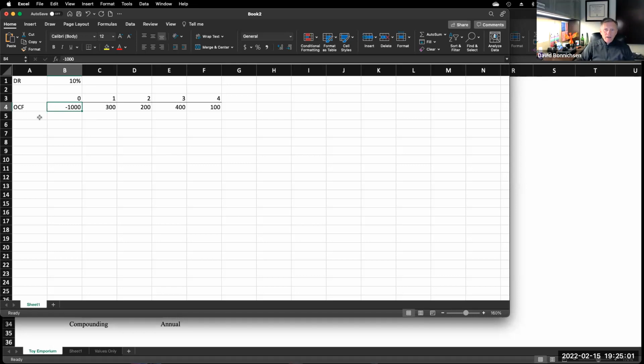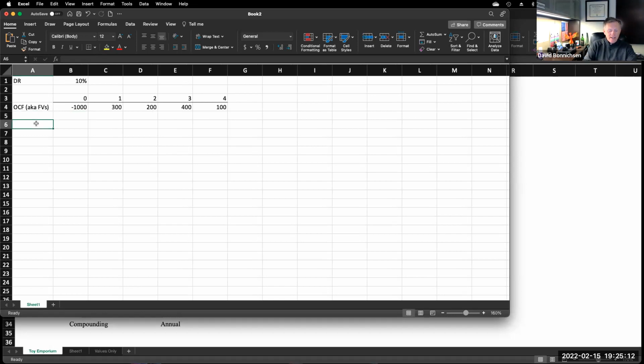So if we've got operating cash flow, which is essentially future values, right? And we're going to try to get down here to present values. What do we need to determine? What do we have to figure out? Present value is equal to future value times discount.